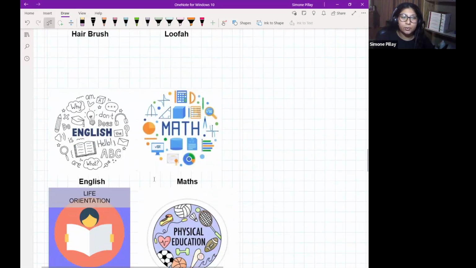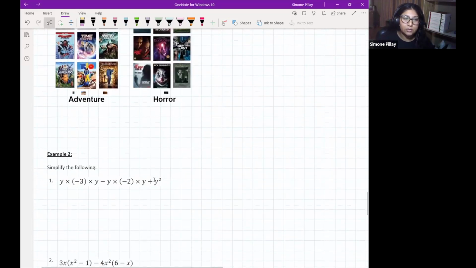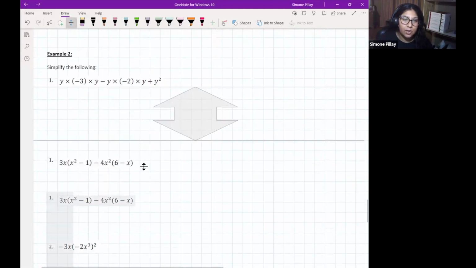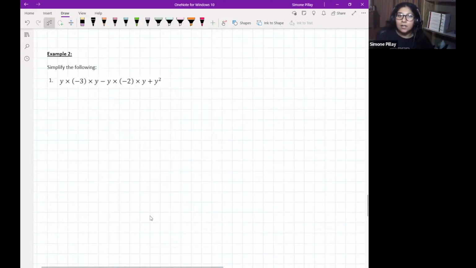And last one before we close up, I wanted to do this one to show you guys. What if we have something that looks like this first one? Well, remember, we are always going to apply BODMAS firstly. Secondly, we're still doing the same steps. Can you guys tell me how many terms there are in this question?